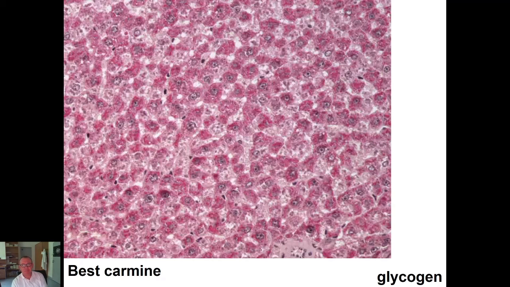Here liver is stained by Best's carmine, and we can see how much glycogen is possible to find in every hepatocyte. It wasn't visible in synoptic staining, but here we can see it.